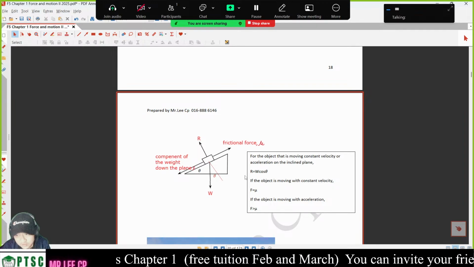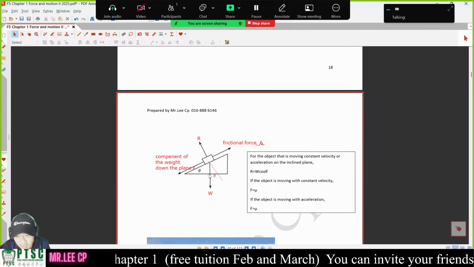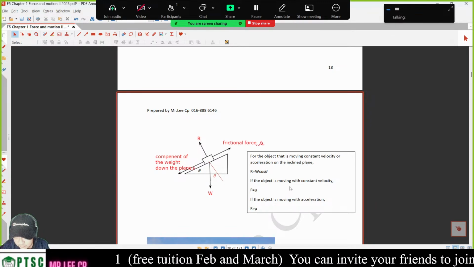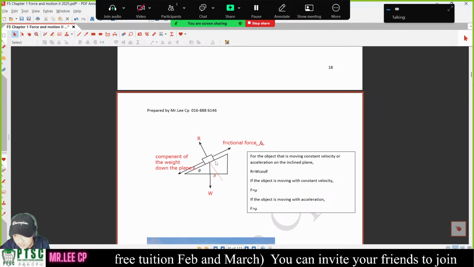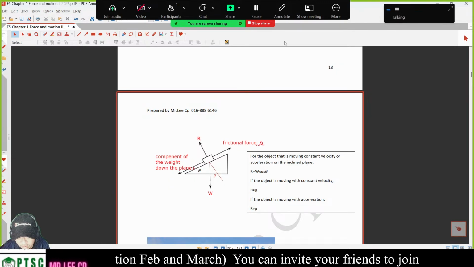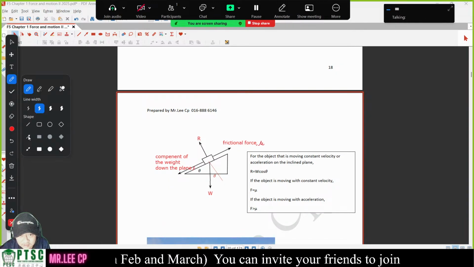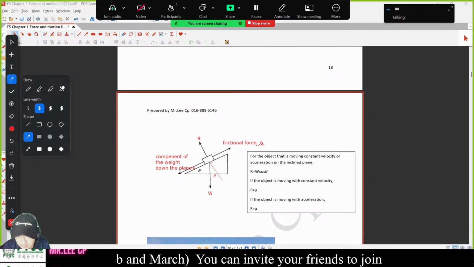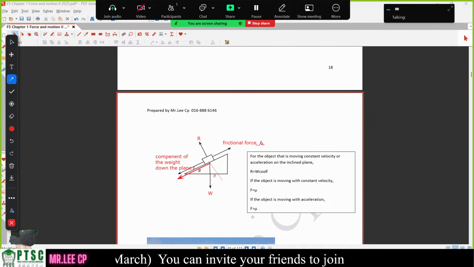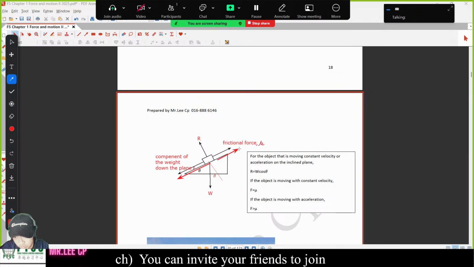Always the same. Alright, so R is equal to W cos 30. If this one is moving with constant velocity, up and down will be the same. So the force moving downward is W, I don't touch theta, sine. W sine 30 is equal to friction.